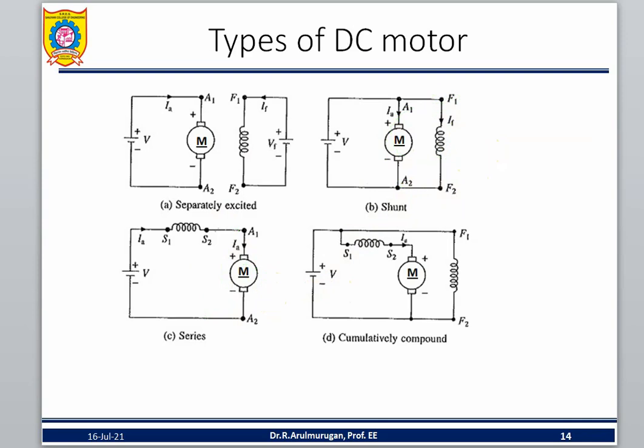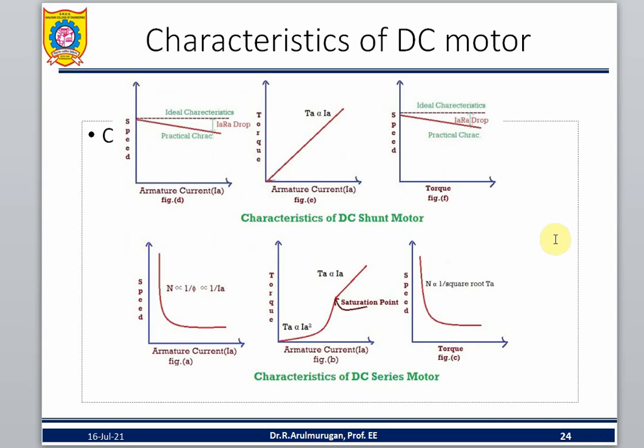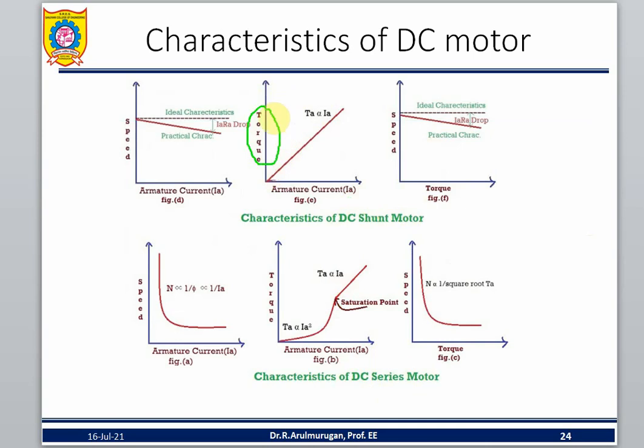Now you can draw the characteristics diagram for the shunt motor and series motor. One is torque, which is the torque equation, and the next one is speed, so torque and speed.